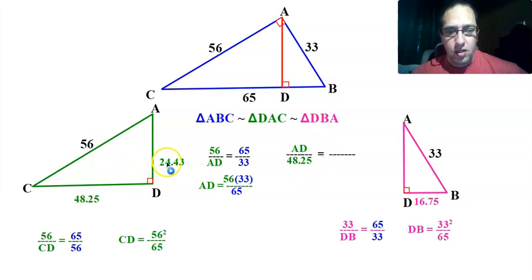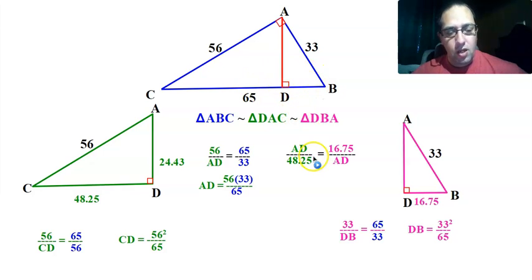All right, so we're going to set up our ratio. AD over 48.25 equals, well, AD over here doesn't go with AD. You're not going to have AD on top of both of them. AD is the short leg, so I need the short leg, 16.75, and then I need the long leg, which is AD. Again, you see geometric mean. The altitude is the geometric mean for these two pieces.